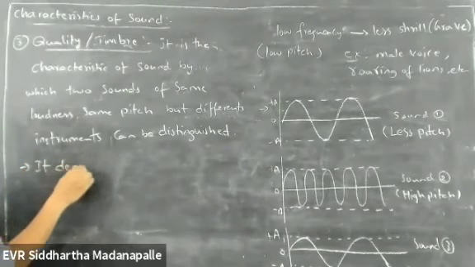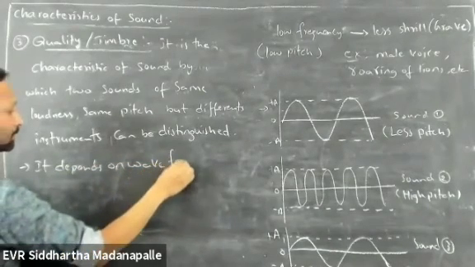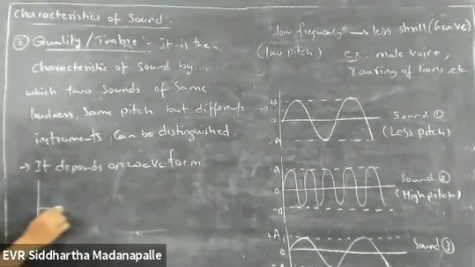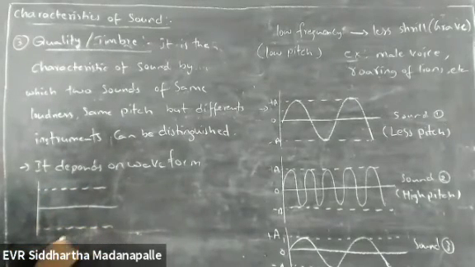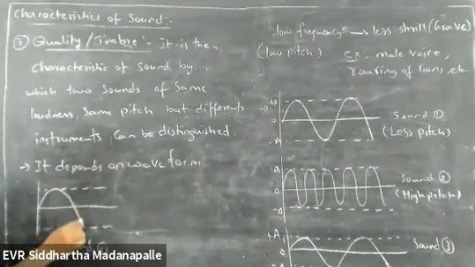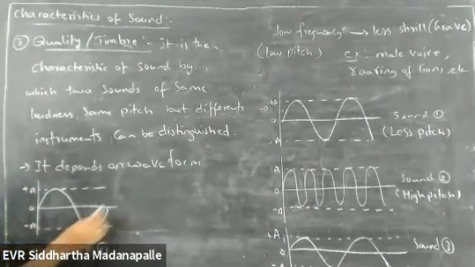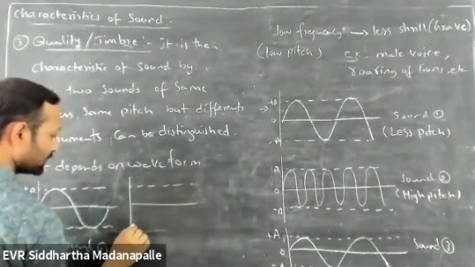It depends on waveform. Now for example here, let us consider this is the sound 1 of amplitude plus C and minus C, and let us consider this is another sound of same loudness.